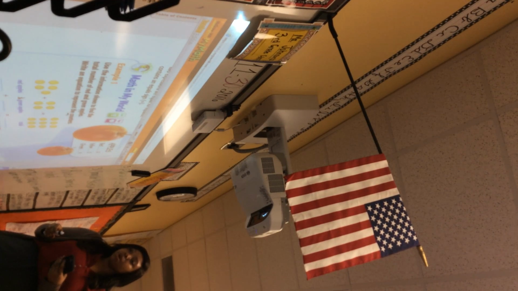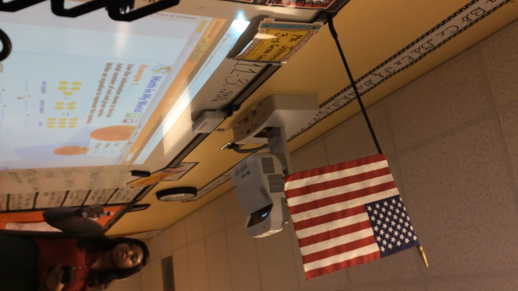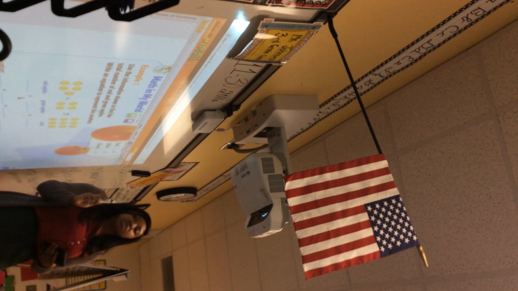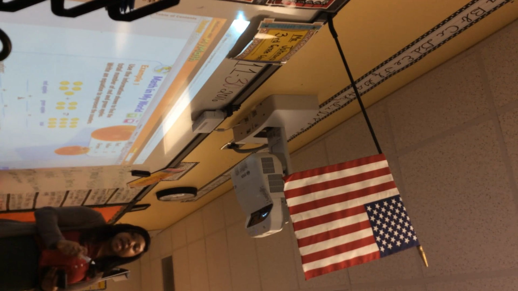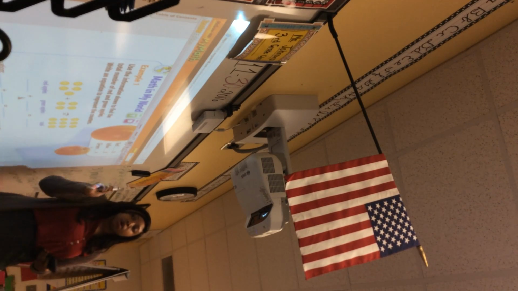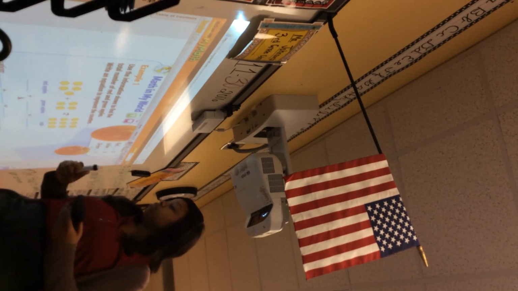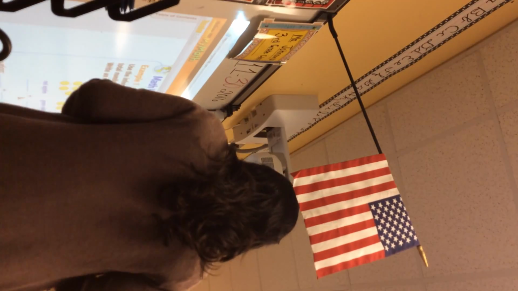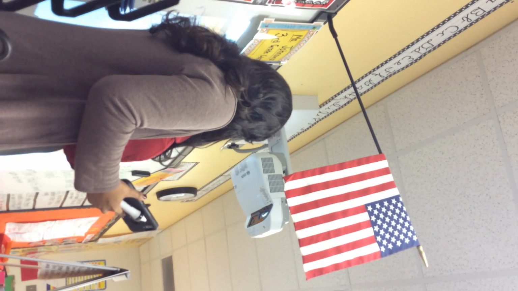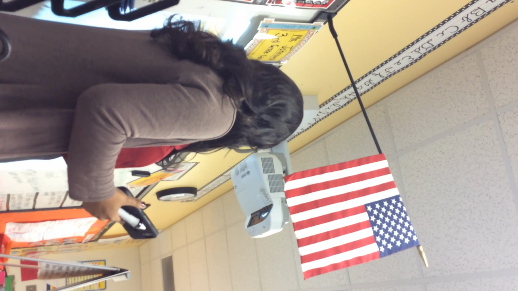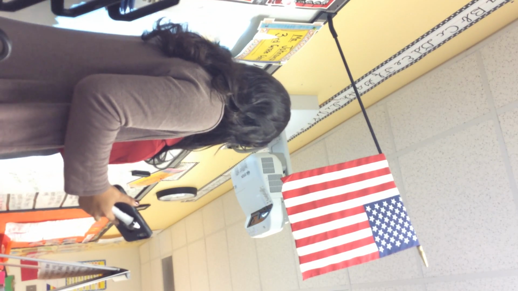Let's look at example 1. It says, use the information shown to find the total number of red and green apples. We're going to write an equation to represent the counters. All right, so this is more simple. How many red apples do we have? 5. I see 1, 2, 3, 4, 5.